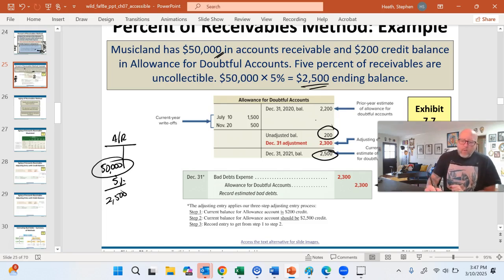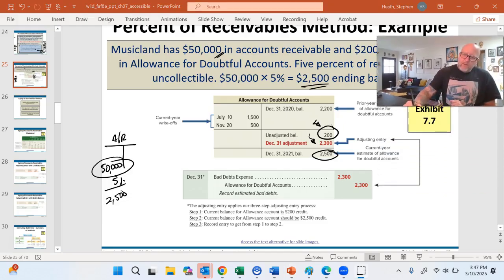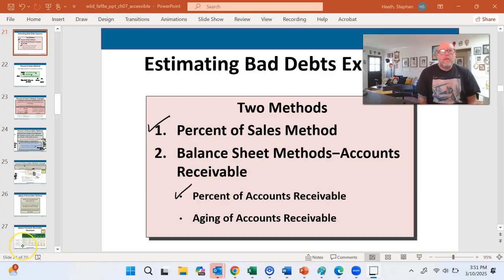However, if I've already got 200 in the account, then I only have to add 2,300. Same concept. So in this particular example, bad debt expense is 2,300, and my allowance for doubtful accounts is 2,300.